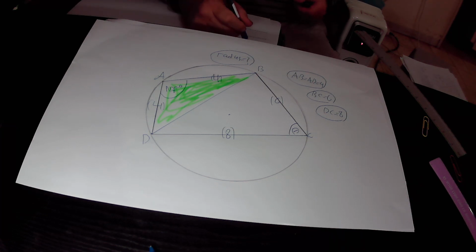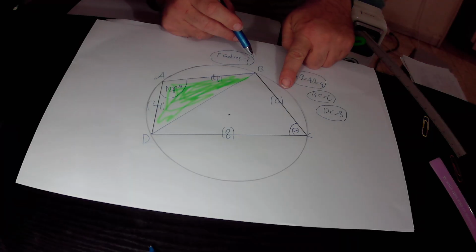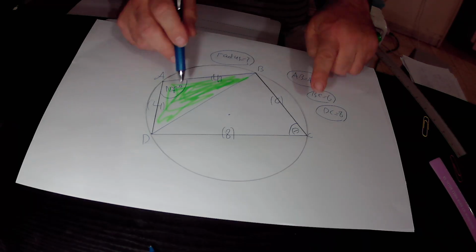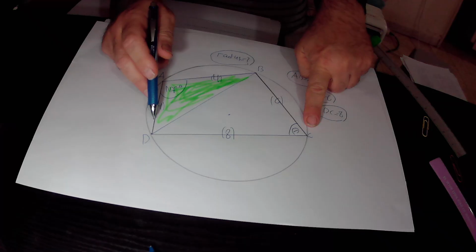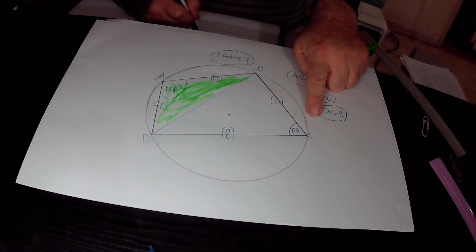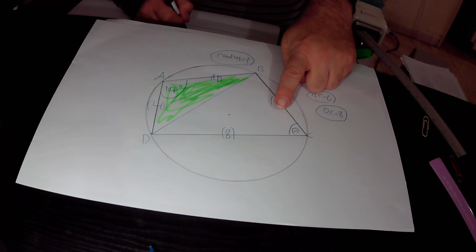BD squared equals BC squared; BC is 6, therefore BC squared is 36. Plus DC squared; DC is 8, therefore DC squared is 64. Minus 2 times BC is 6, times DC is 8, times cosine theta.